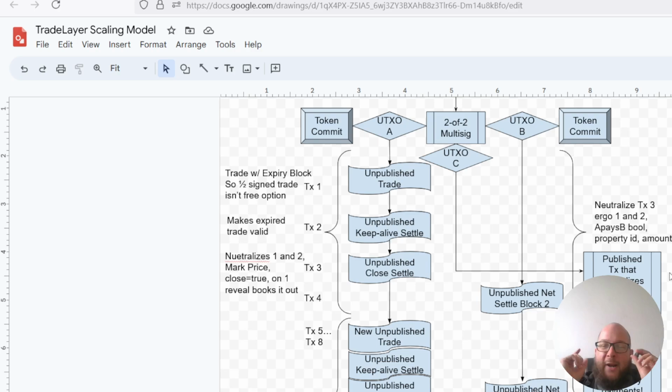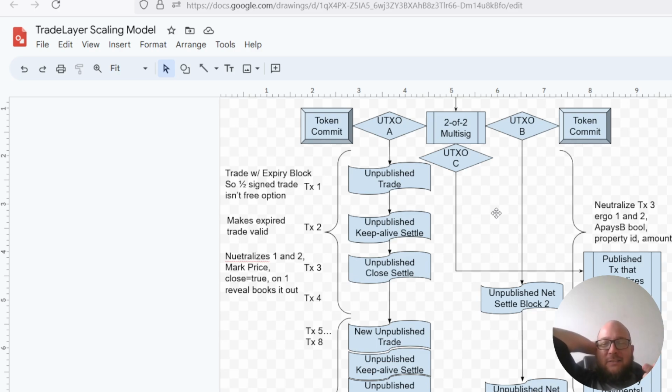But I figured out a way to let you do a series of these L2 transactions, these sets of four, and you can do four modulo n, where n can be whatever. You can do hundreds of trades, thousands of trades, and then you just publish one transaction.